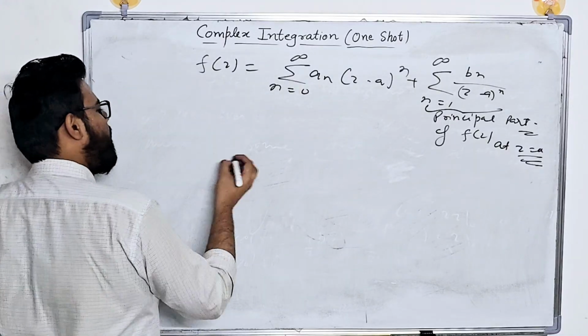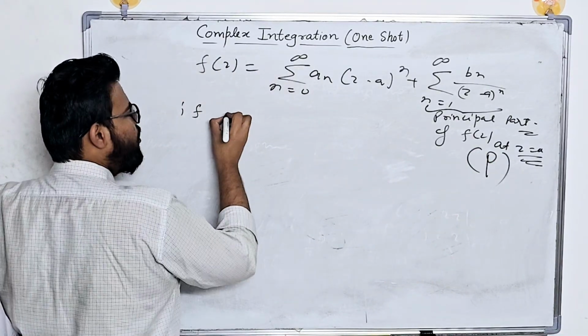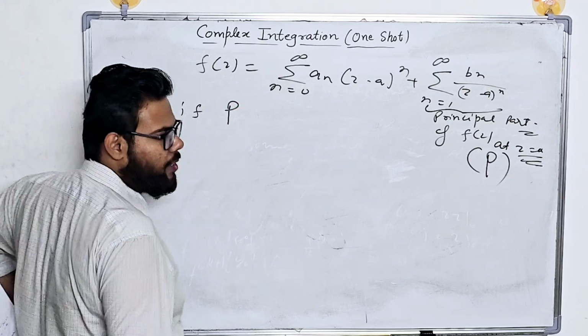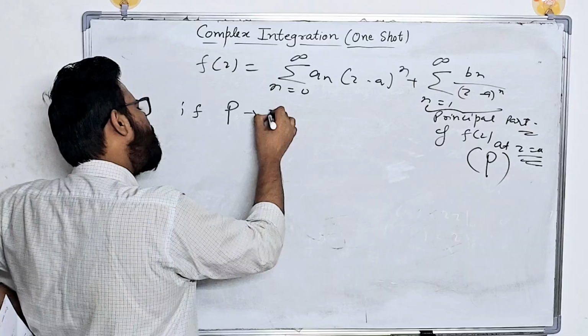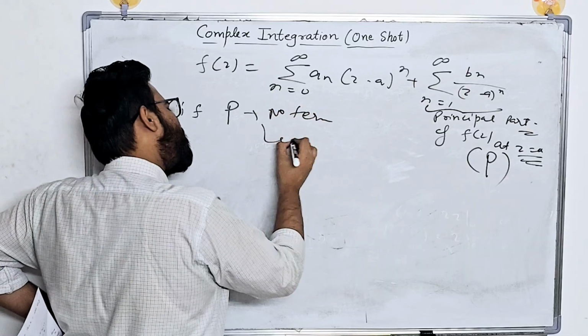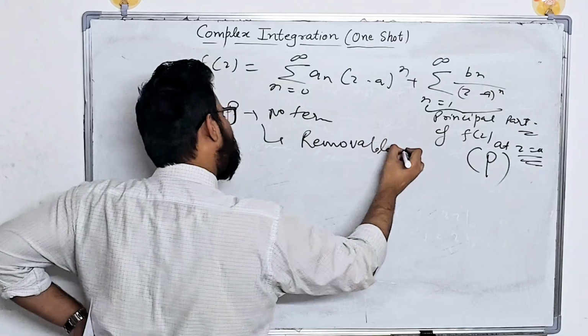Suppose I am naming it as p. If p has no terms, then it is called a removable isolated singularity.